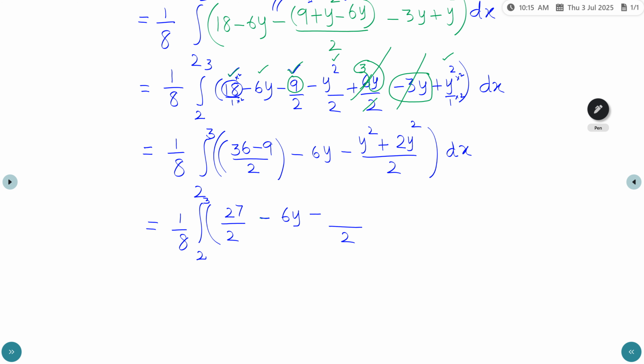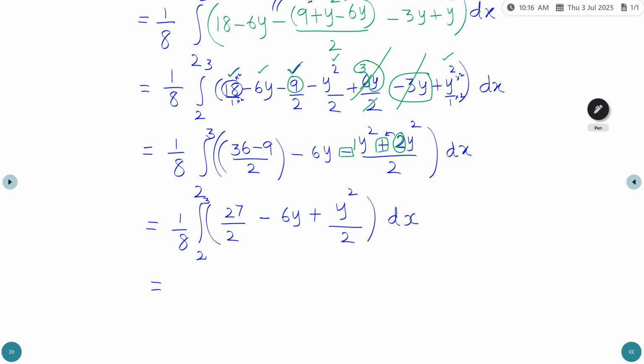So this is 1y squared, this is 2y squared, and the signs are opposite, so we subtract: 2y squared minus y squared is y squared. But the greater value has a plus coefficient, so the term is plus y squared by 2, dx.